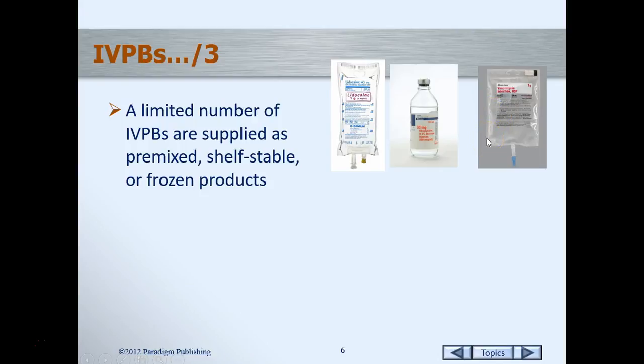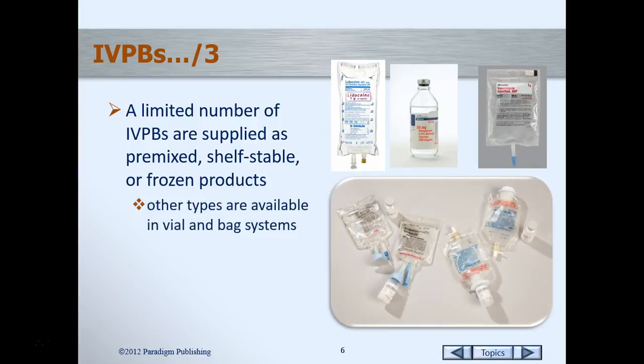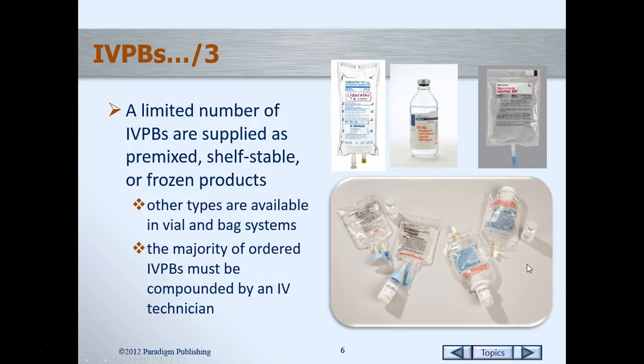We want to defrost them until just all of the frozen particles have melted. Other types of vial and bag systems, so we have the Mini Bag Plus on this side that we talked about in the first couple days of lab, and then the AdaVial on this side. So those are also shelf stable. The majority of the ordered IV piggybacks, however, are compounded.